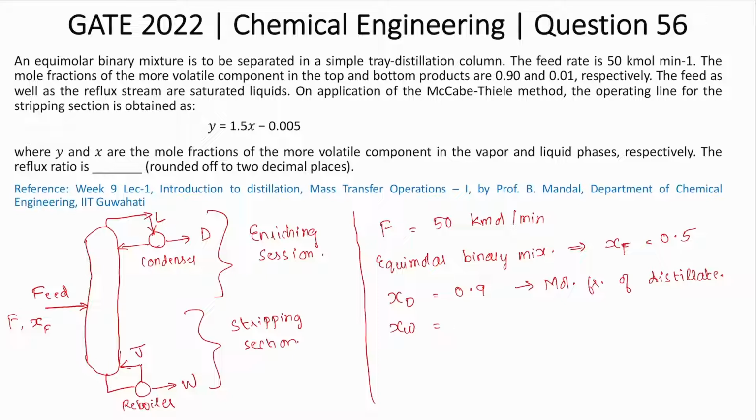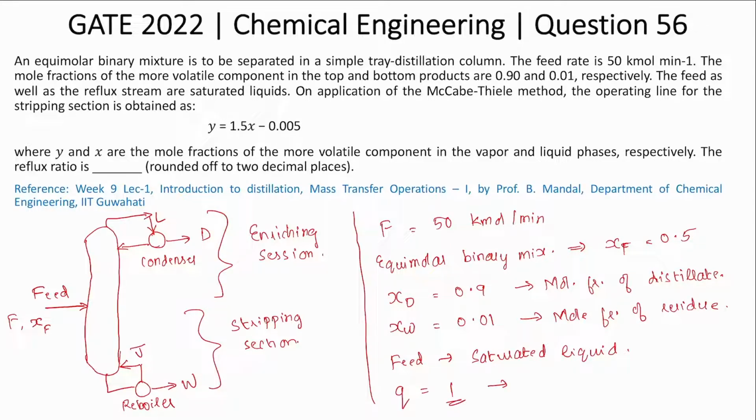Then we have XW equal to 0.01, which is the mole fraction of the more volatile component in the residue. Another piece of data given is that the feed is a saturated liquid. That means another entity q is introduced as 1, and q is the fraction of liquid available in the feed.